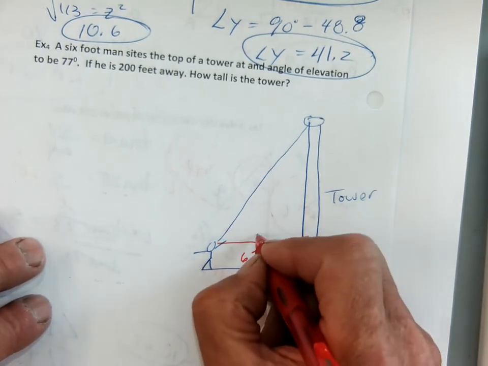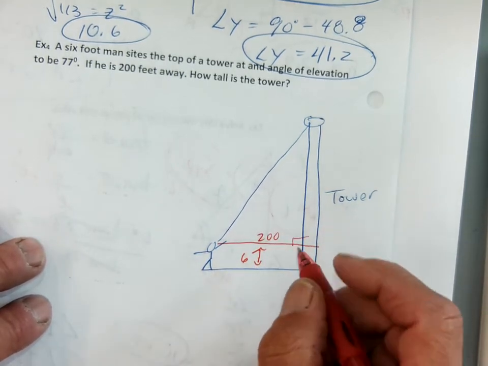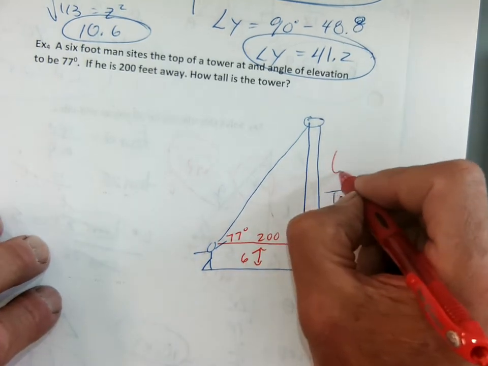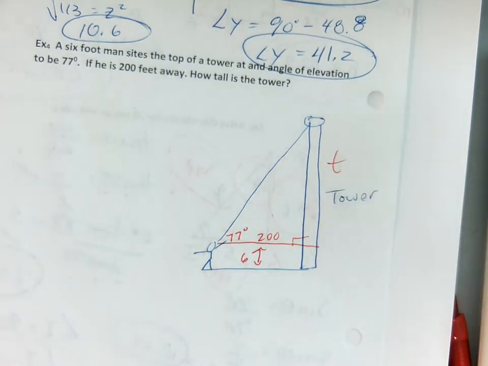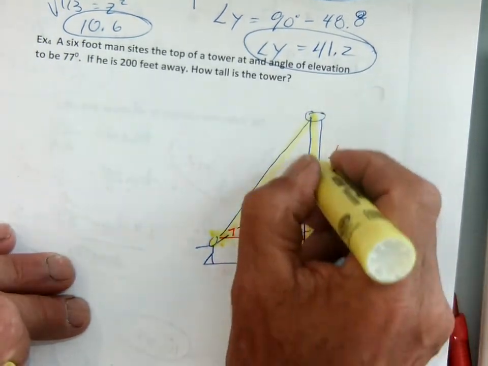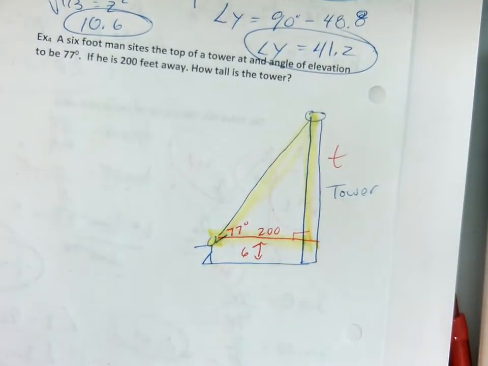We know this is 200. Angle of elevation is 77 degrees. What I want is the tower, okay? So first, let's solve for the triangle, and then we'll add in the 6 feet.